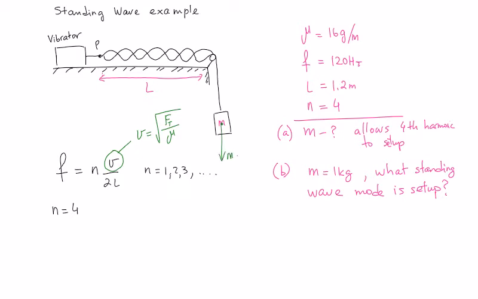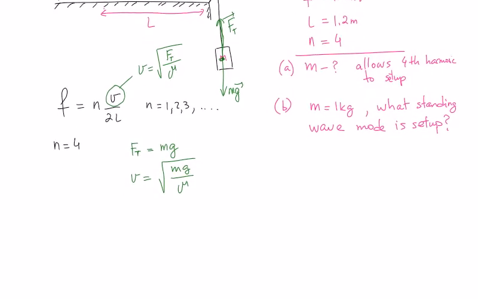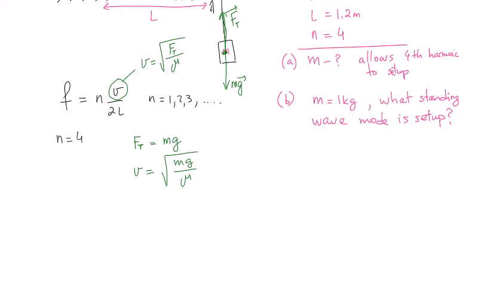It's the weight of the hanging object that provides the tension in the string, and the tension everywhere will be the same. So force of tension equals mg, and the speed of the wave would be the square root of mg over mu. Now I can plug this v back into the equation of the frequency and solve it.